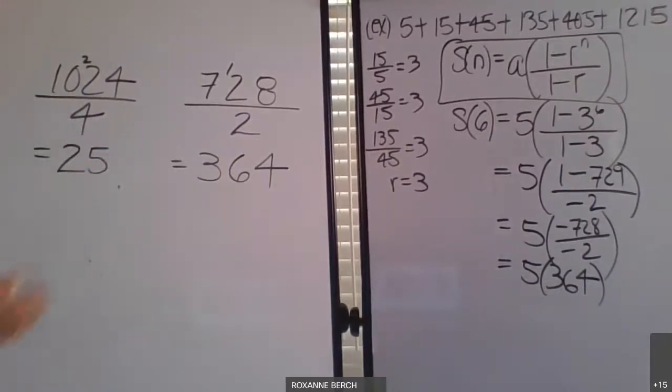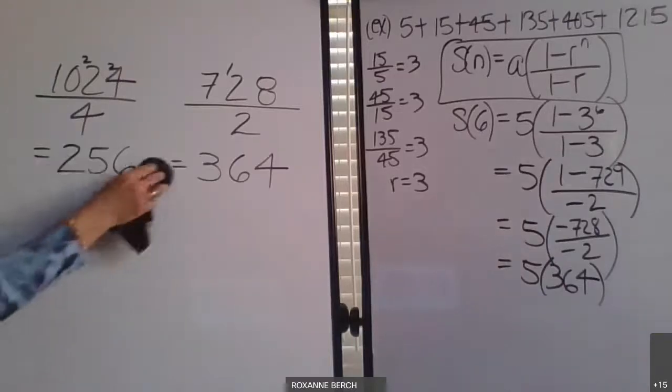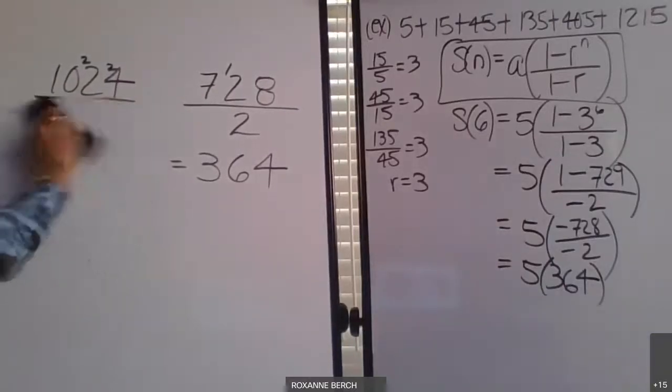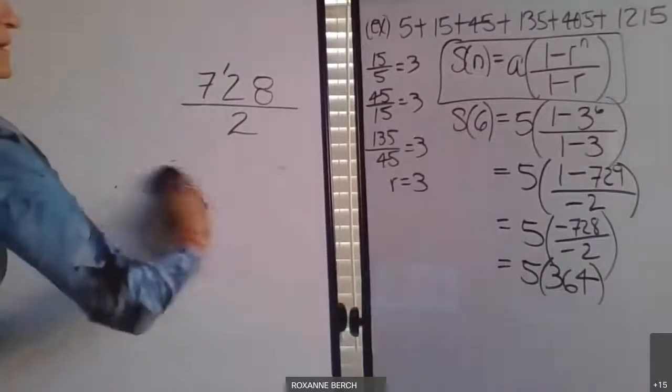With how many remaining? 2. 4 times what is 24? 6. Follow that? Yeah. Do you want me to do it again? I think I'm good. What about everybody else? Yeah, I got it.